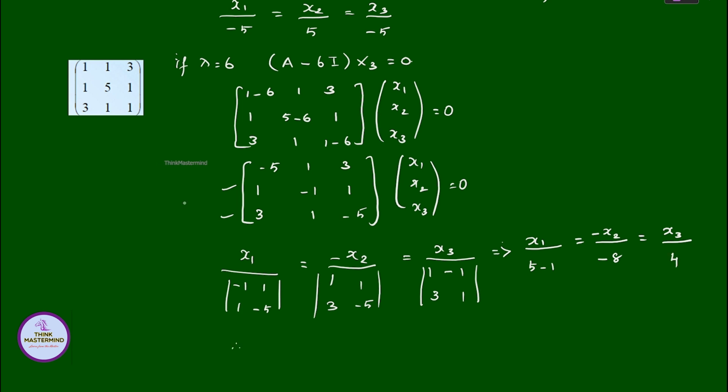So therefore x1 is 4, x2 is 8 and x3 is 4. That implies the corresponding eigenvector for lambda is equal to 6, x3, is 4, 8, 4, that is equal to 1, 2, 1.